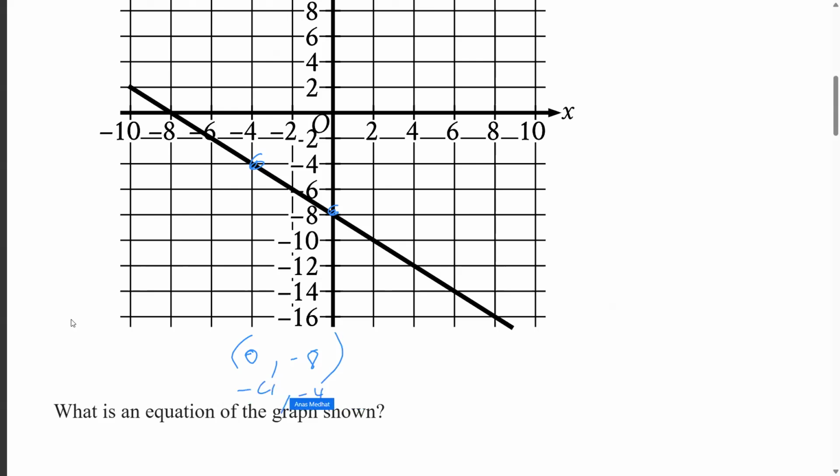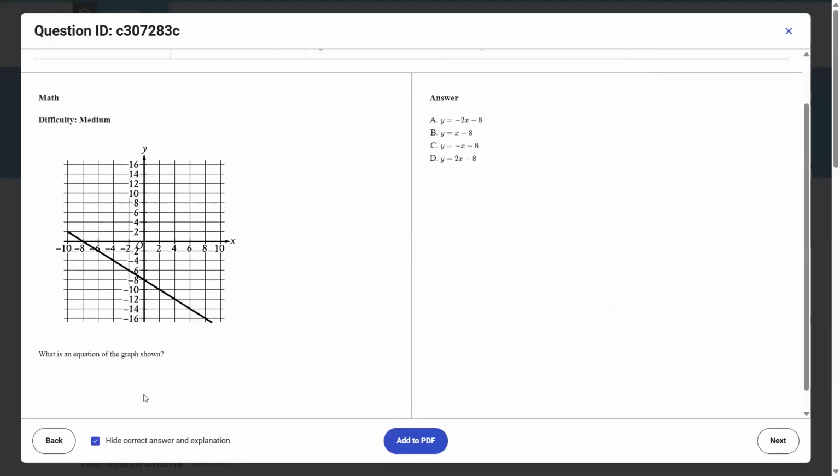Let's get the slope. -4 minus -8 is 4, over -4. The answer is -1. And the y-intercept is -8. This is the formula, -x minus 8. The answer is C.